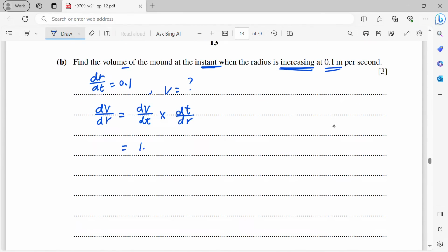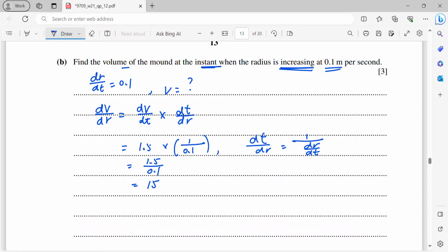Alright, so 1.5 times dt dr, which is 1 over dr over dt. So when you simplify this, it's going to be 1.5 divided by 0.1, then you will get 15.